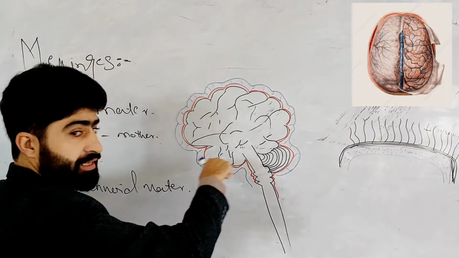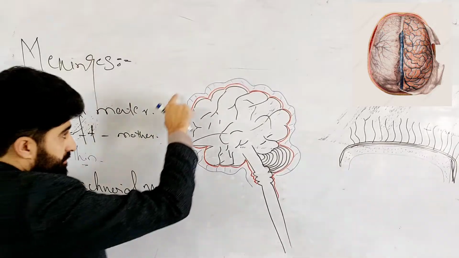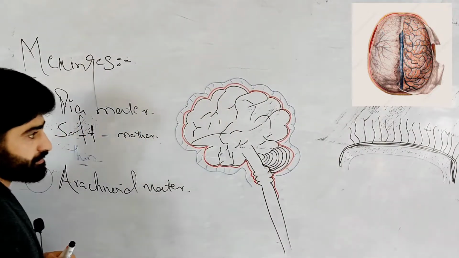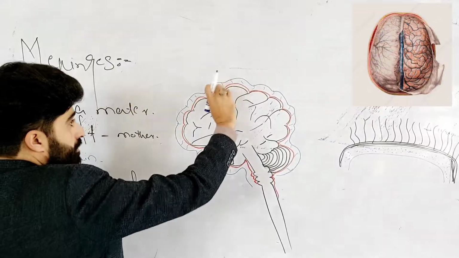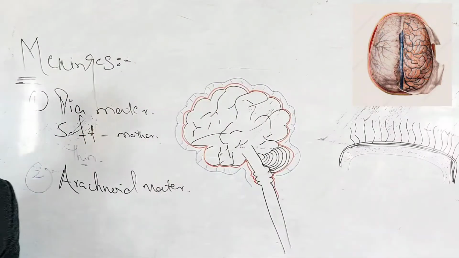This is the middle layer and the second layer. From below to above, this is called the arachnoid mater.